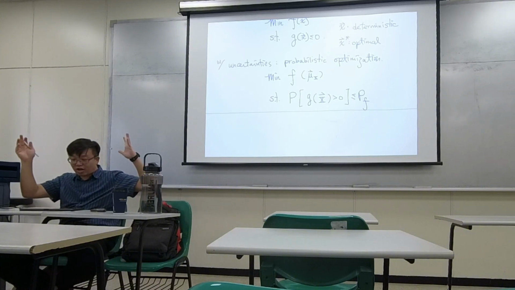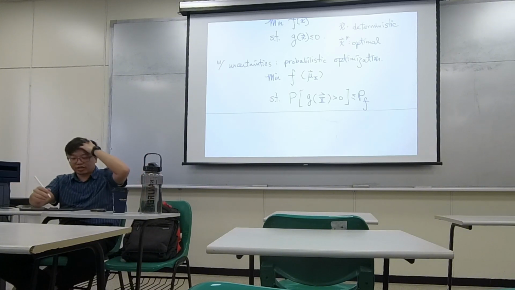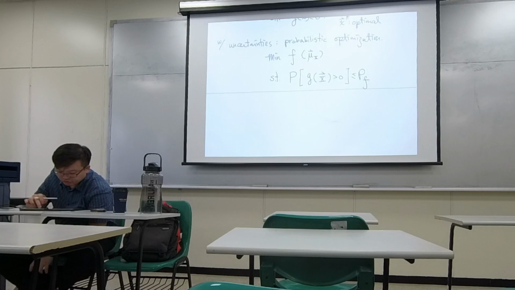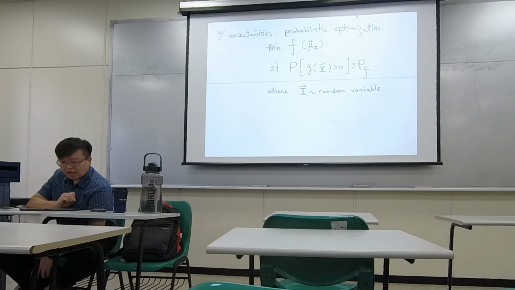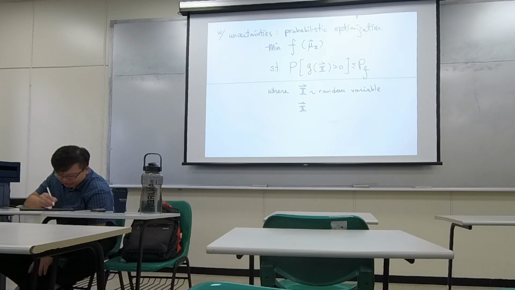So what's going on? Why are you rewriting so many things? So I have to define something. So where X is a random variable. And for many cases, it's normally distributed.